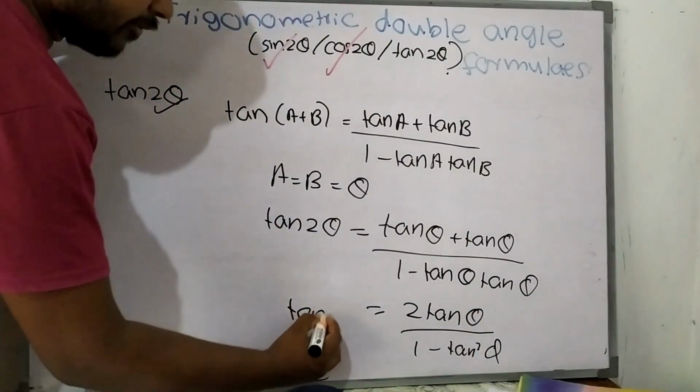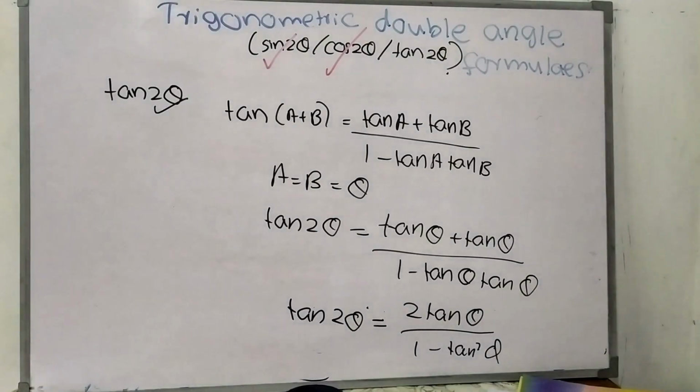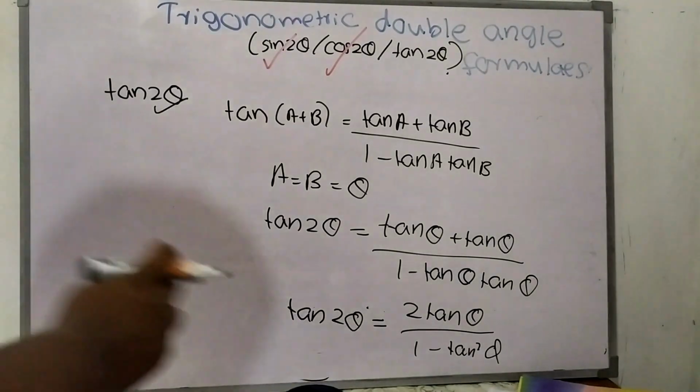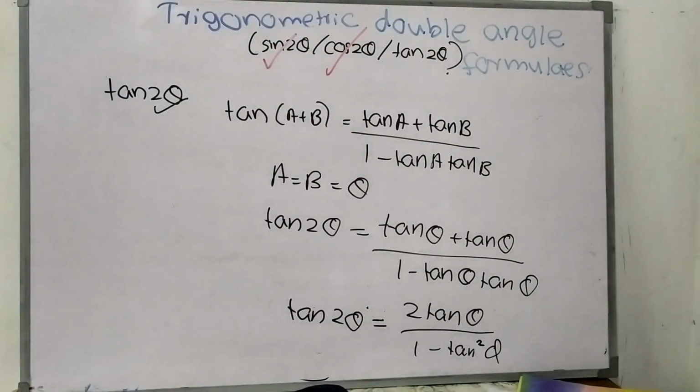So this is the equation of tan 2 theta: 2 tan theta over 1 minus tan square theta.